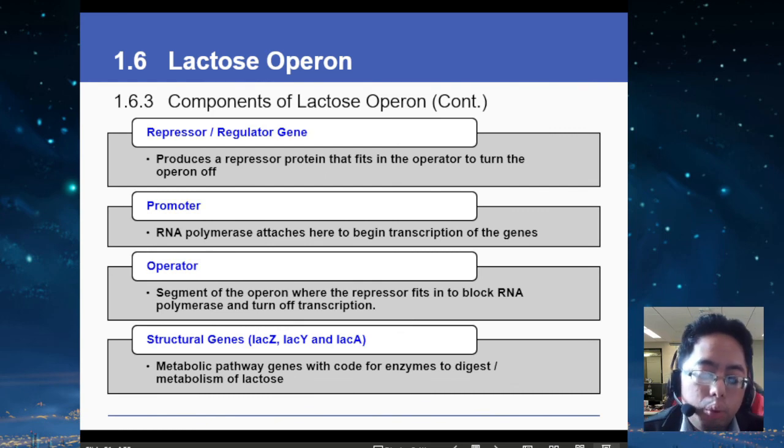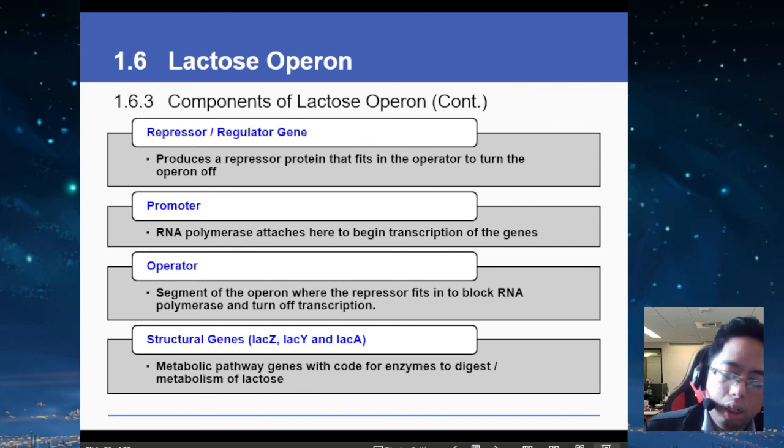Promoter. It is where RNA polymerase attaches to begin transcription of the genes. Operator is a segment of the operon where the repressor fits to block RNA polymerase and turn off transcription. The repressor gene creates the repressor protein. The repressor protein shuts off that gene so that you cannot use it.